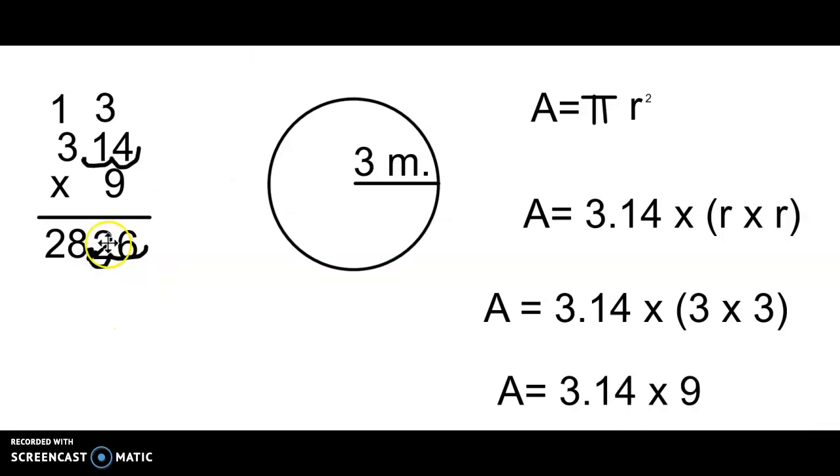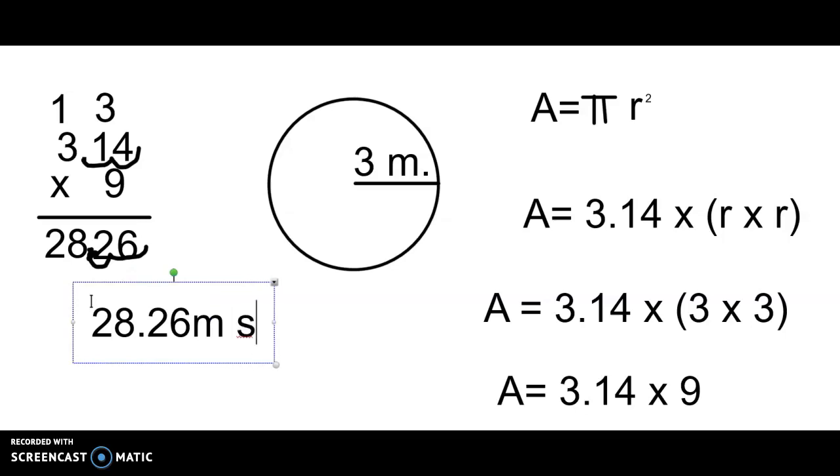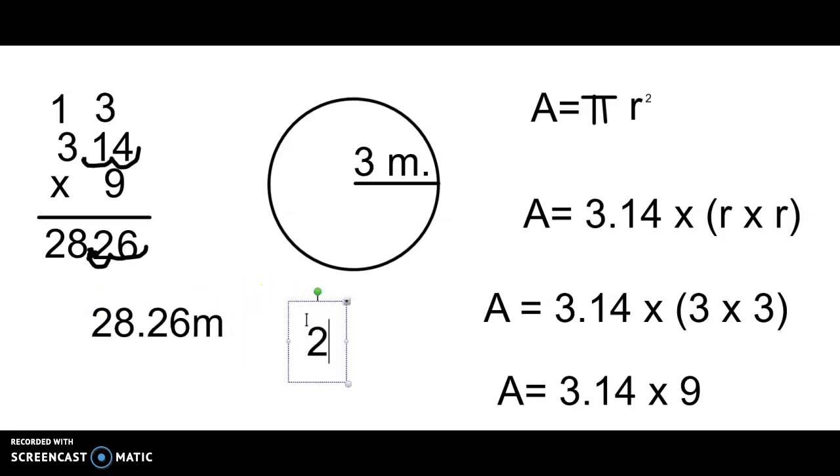So my answer should be 28.26 meters squared. I can do the little squared symbol. There we go. So 28.26 meters squared. That's how much is in this circle. So the radius is 3 meters, but our area is 28.26 meters squared.